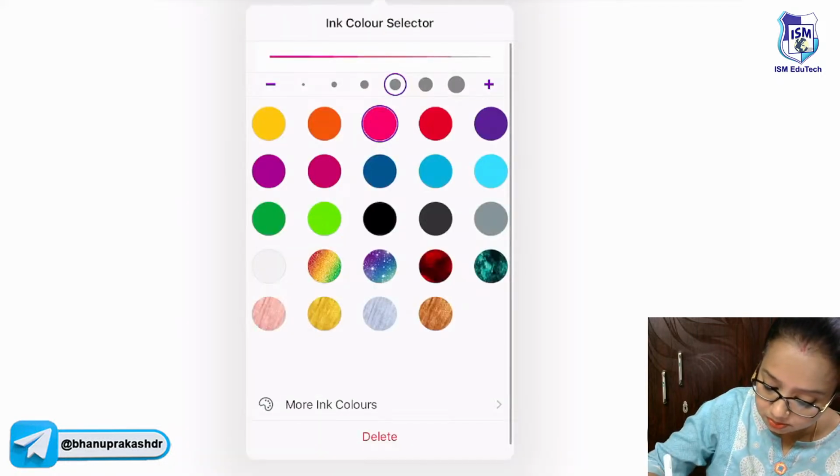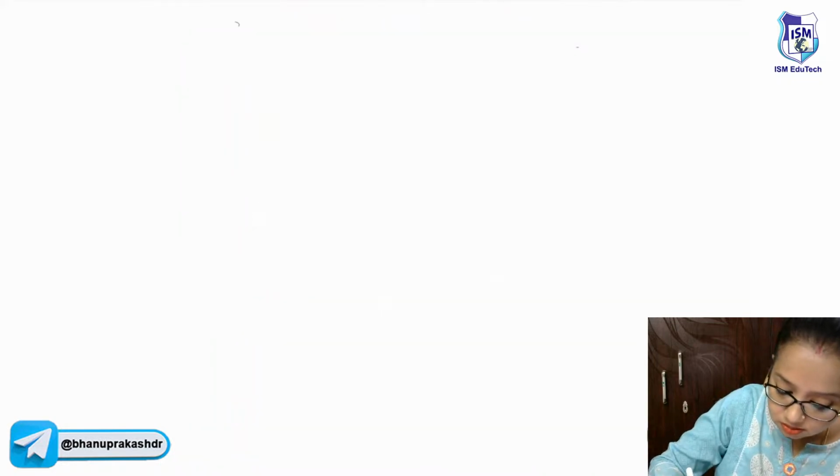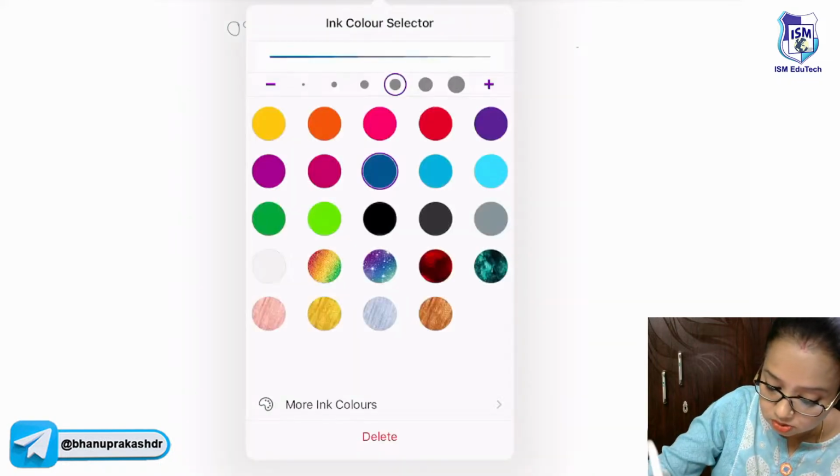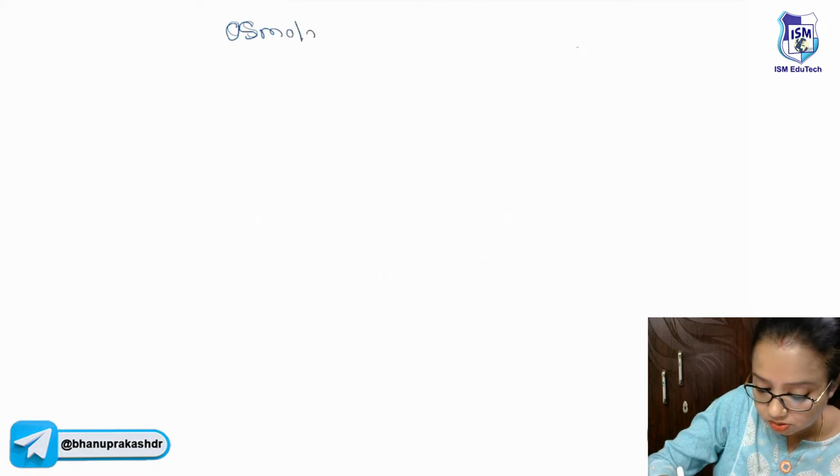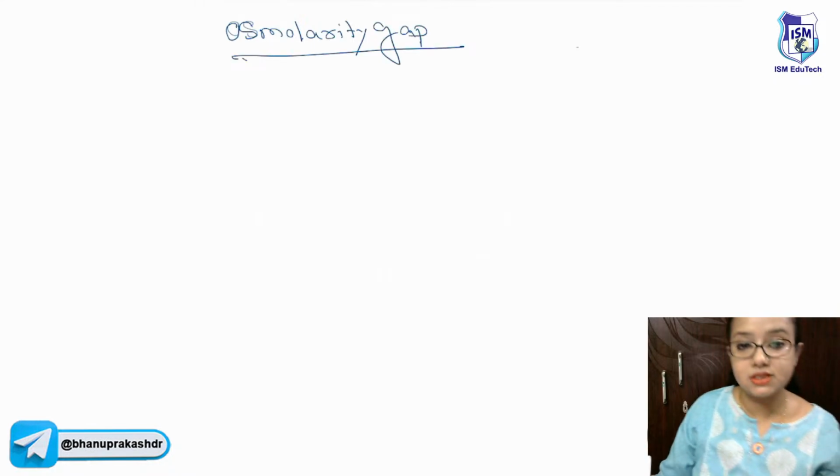Osmolarity gap. So, what was osmolarity gap?